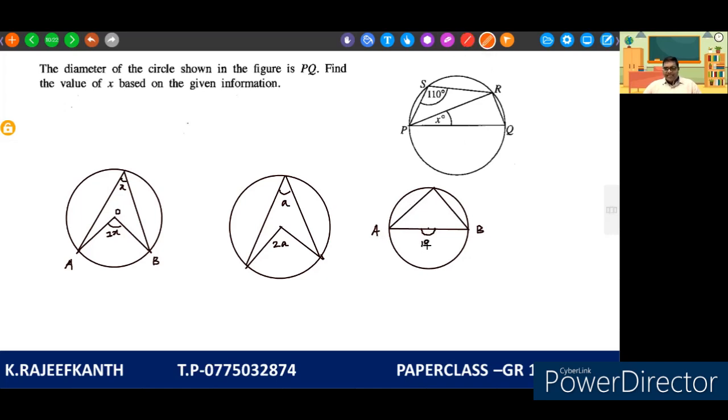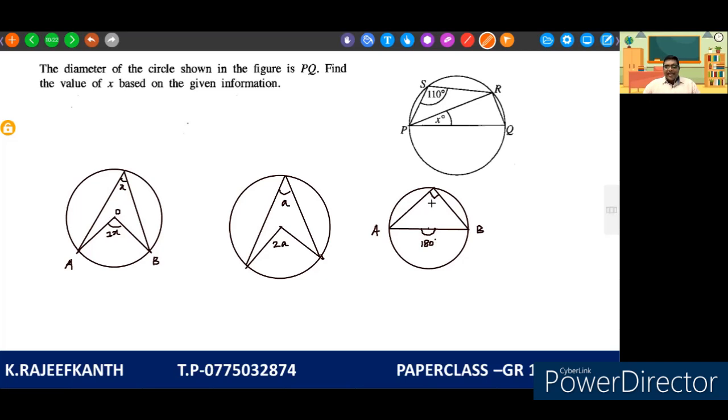So if it is 180, then we can mark this as 90 degrees. So we should know the angle subtended by an arc at the center of a circle is double the angle subtended by the same arc at the remaining circumference of a circle. Right? Here this is 180 degrees. Then this should be half of it.